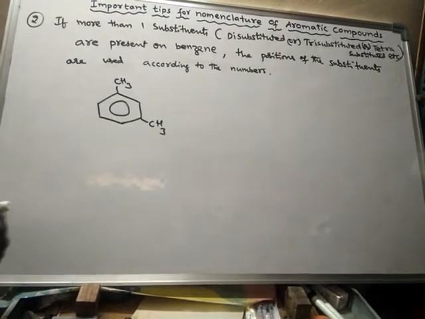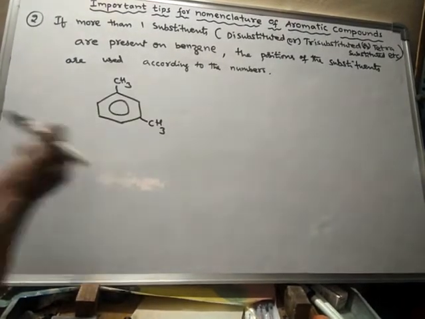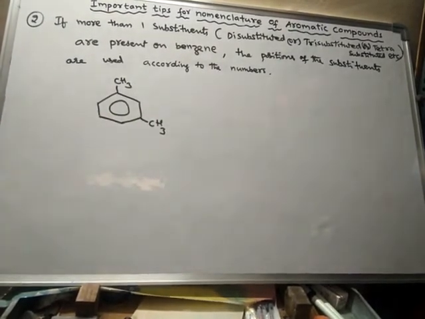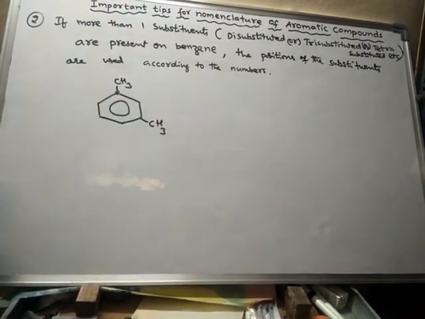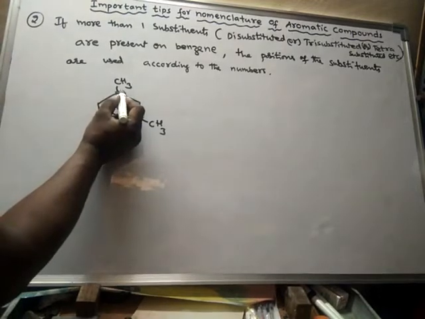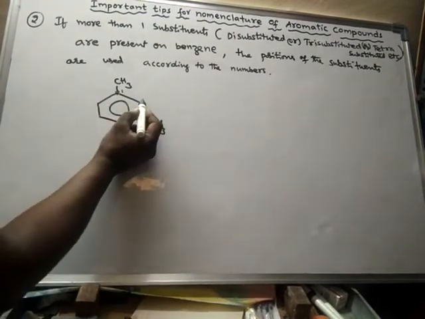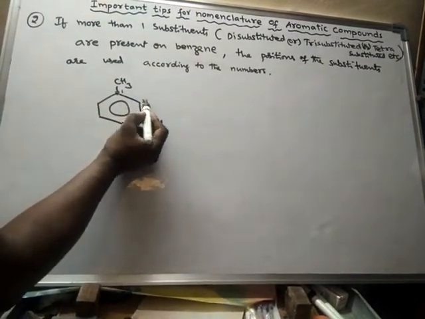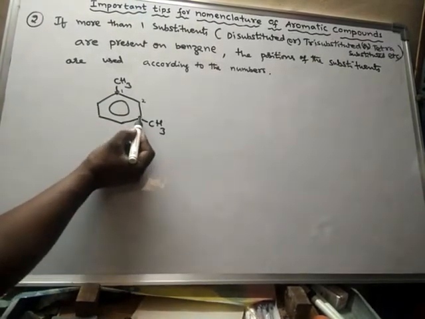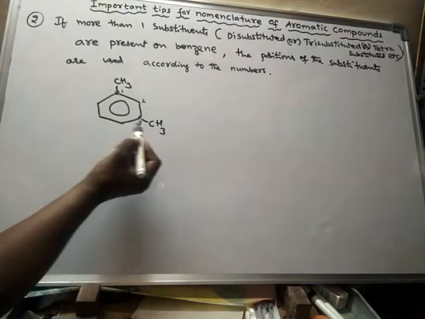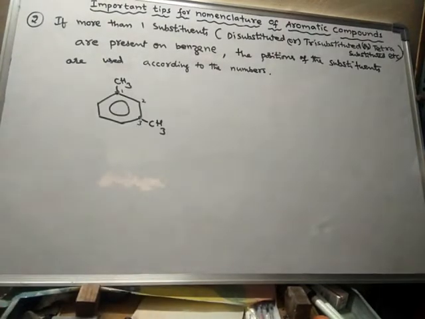See, first select the carbon of any similar substituent as 1, and the other carbon should be numbered in such a way that the other substituted carbon gets the lowest possible number.